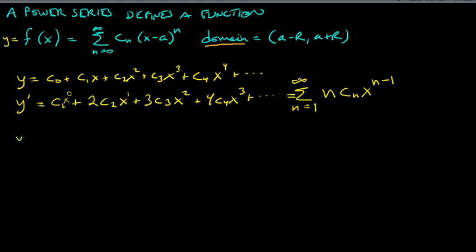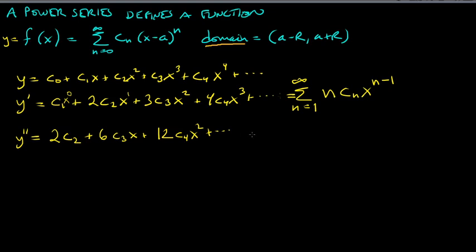And while we're at it, let's take the second derivative, because you're going to need that at some point. So now the derivative of this is 0, so you just get 2 c2 plus 3 times 2, so that's going to be 6 times c3 x plus 4 times 3, that's going to be 12, c4 x squared, and so on.